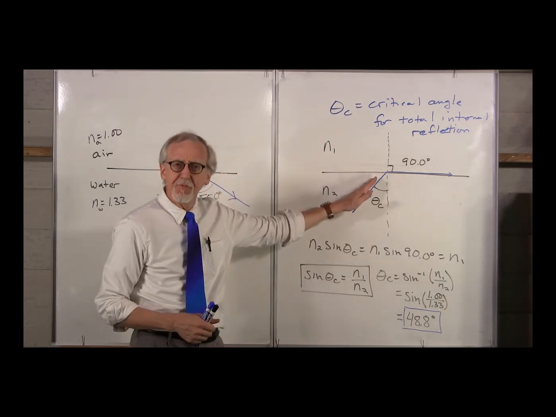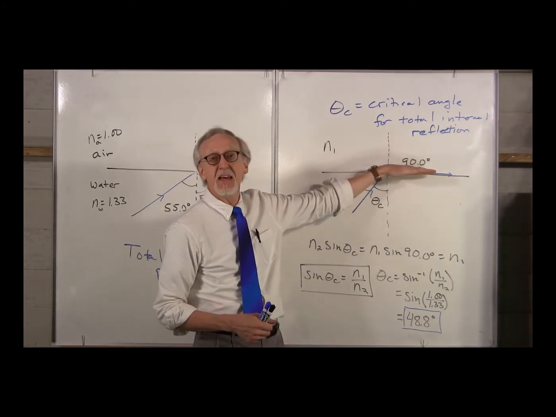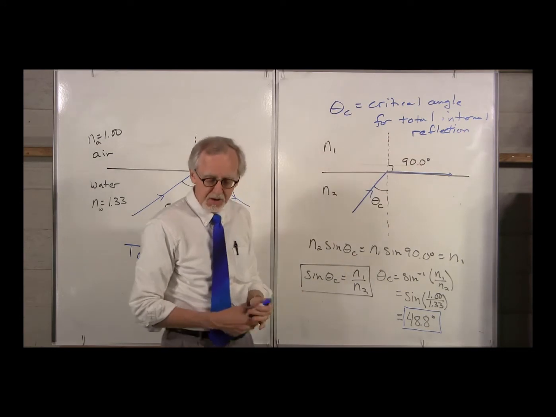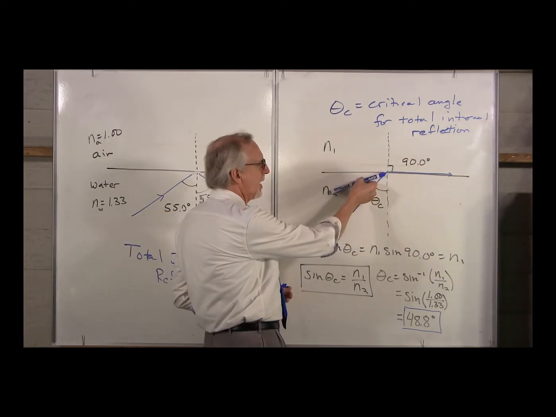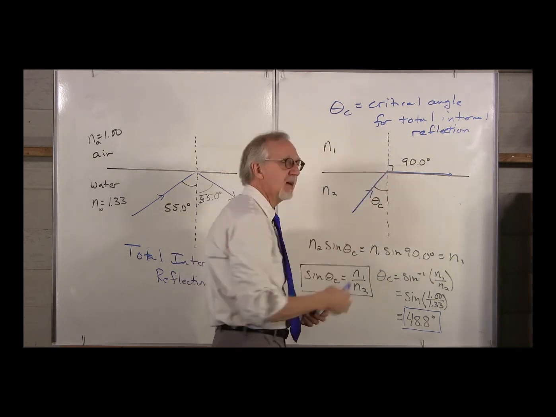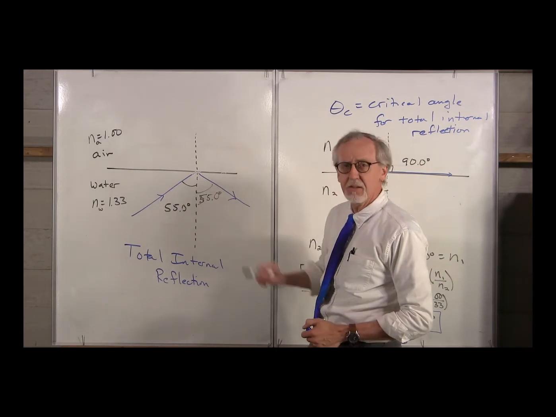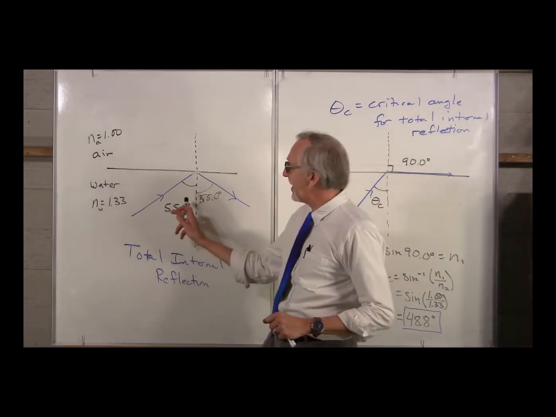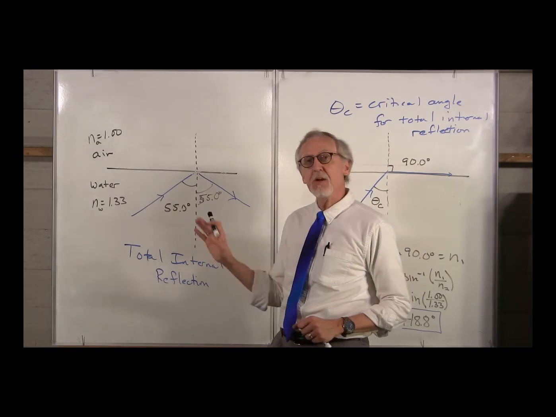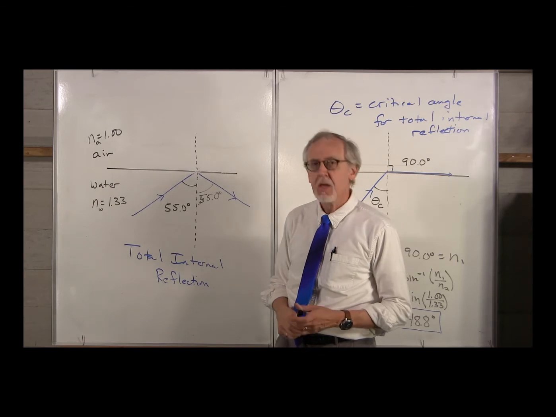When a ray is at 48.8 degrees in water, the refracted ray is at 90 degrees in the air. Any ray at an angle larger than 48.8 degrees will not come out into the air. But what angle did I give you? I gave you an angle of 55 degrees, which was larger than 48.8. That's why we cannot get any refracted light at a 55 degree angle. Very good.